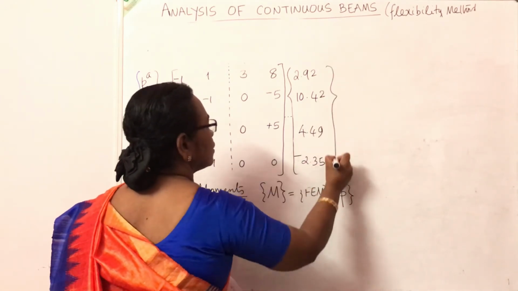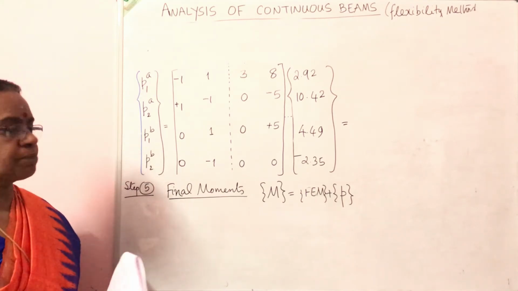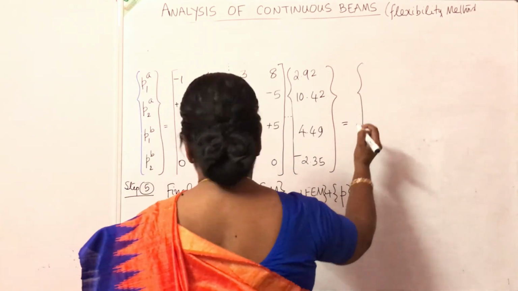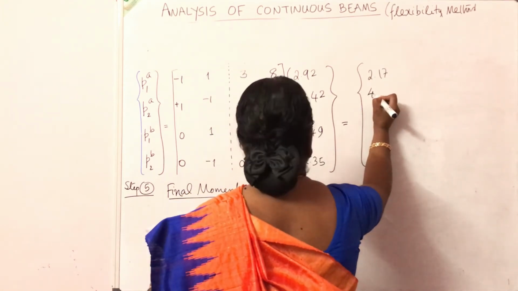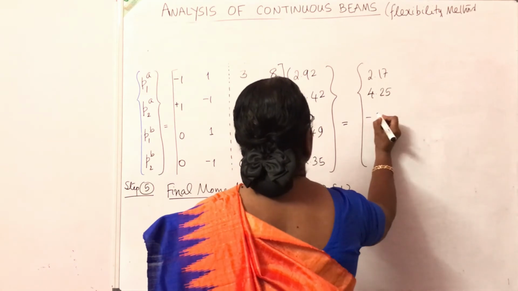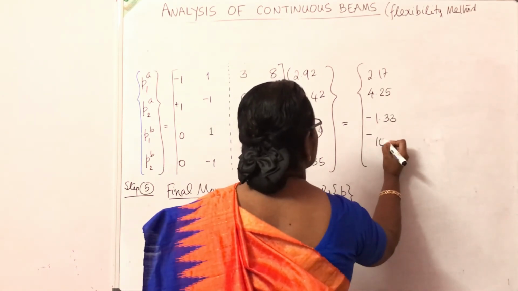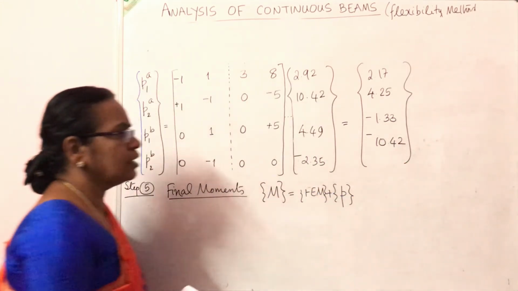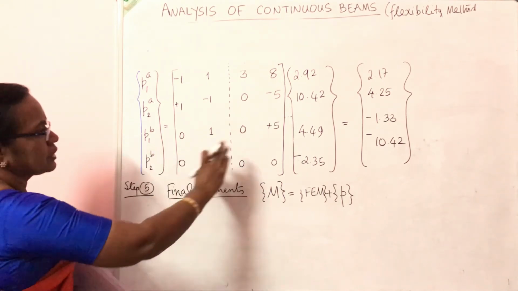Substitute the actual values in step 3. So we will get, after the multiplication, 2.17, 4.25, minus 1.33 and minus 10.42. So these are the internal moments or the element forces after the calculation.